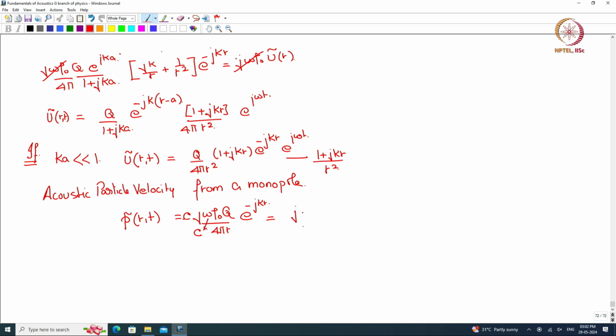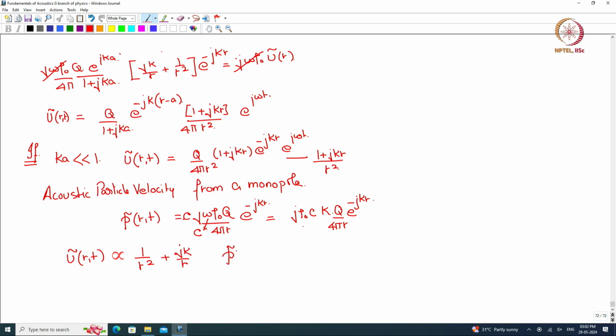So I get j rho 0 c k q by 4 pi r e to the power of minus j k r. Yes, so there are some parallels. So here, for particle velocity, I have two terms, 1 over r square plus j k over r.